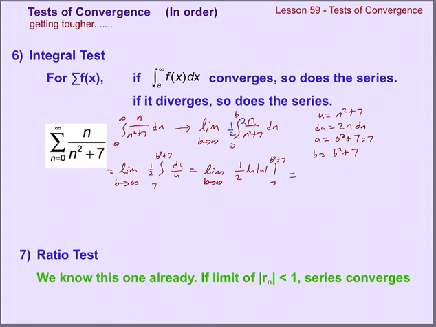We're finishing up the definite integral inside the limit, still the limit as b approaches infinity. That would be the ln of the absolute value of b squared plus 7 over 2 minus the ln of 7 over 2. But here's the problem. This is an infinite limit. So this integral diverges.